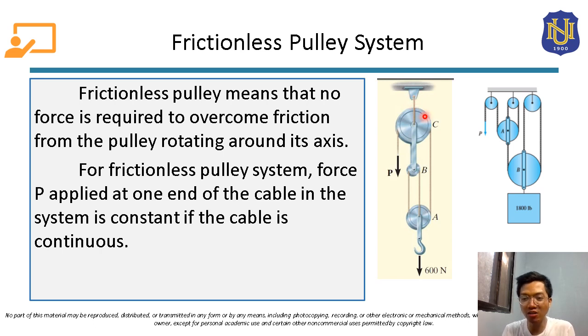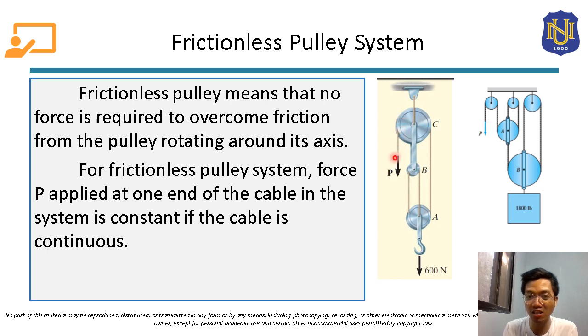Along the continuity of this cable, as it passes through this pulley B until it is cut here, as long as it is continuous, if there's an applied P here, it will just be constant.